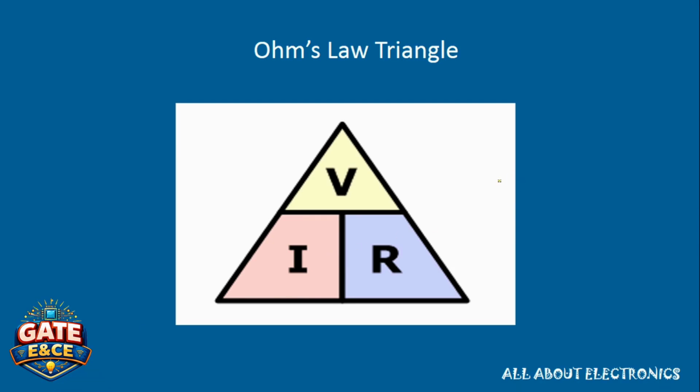Let's say you know the current and the resistance in the circuit, then voltage can be defined as V is equal to I into R. Or if we know the voltage and current in the circuit, then resistance R can be given as V divided by I. Likewise, current I can be given as V divided by R. So in Ohm's law, if we know any two quantities, we can find the third one.